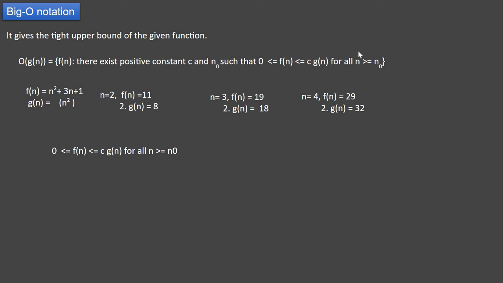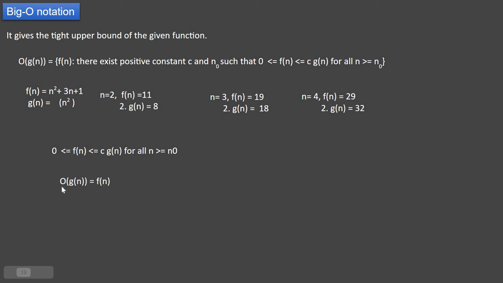For all the values greater than or equal to 3, gn will have a greater or equal value than fn, right?